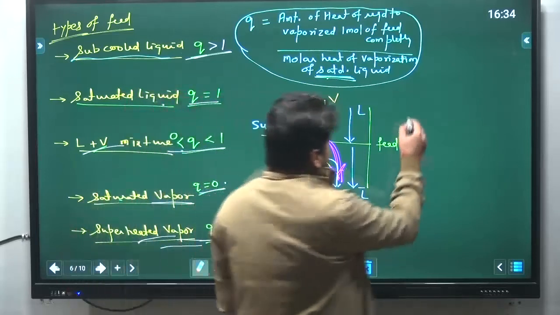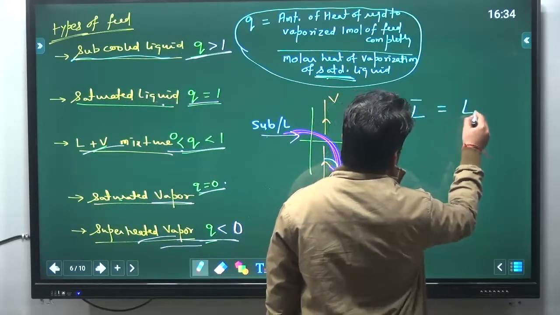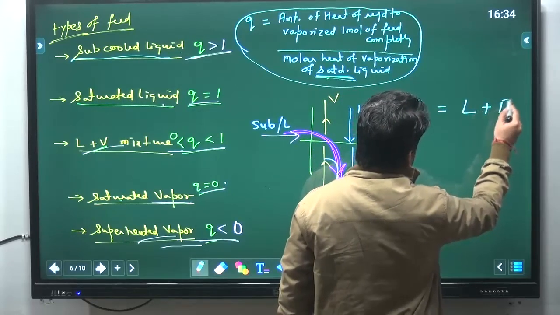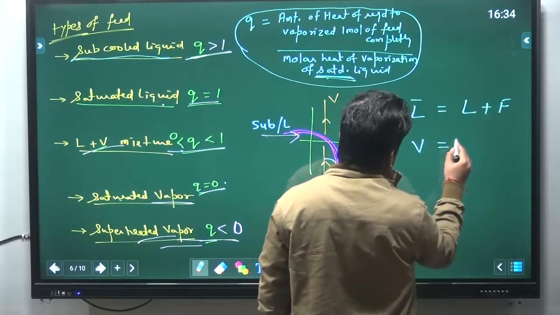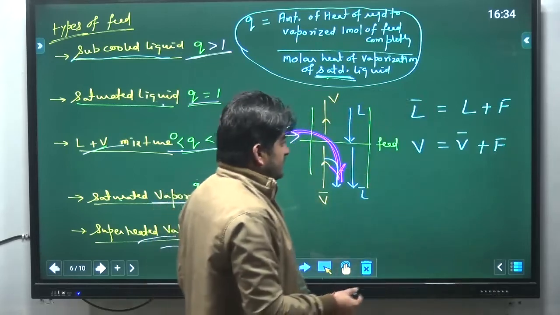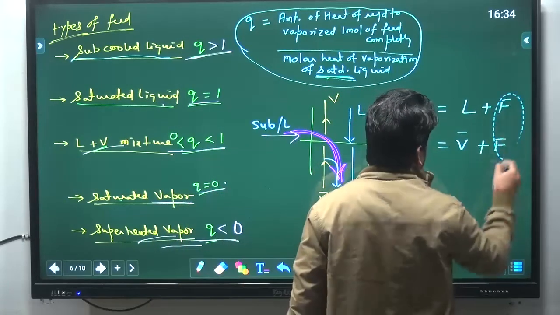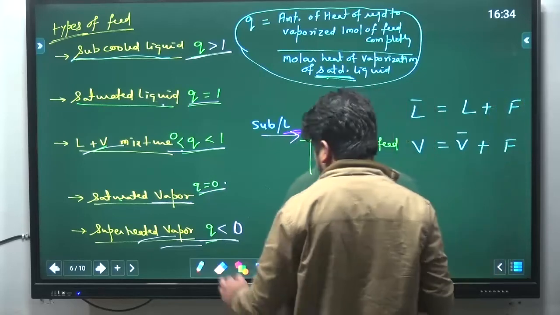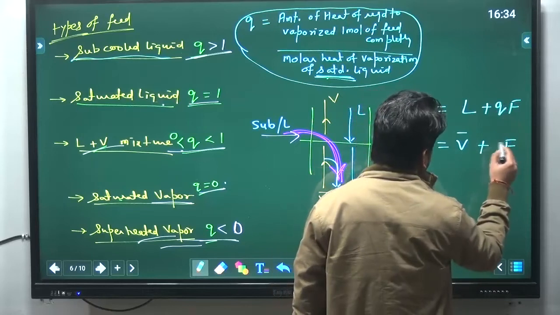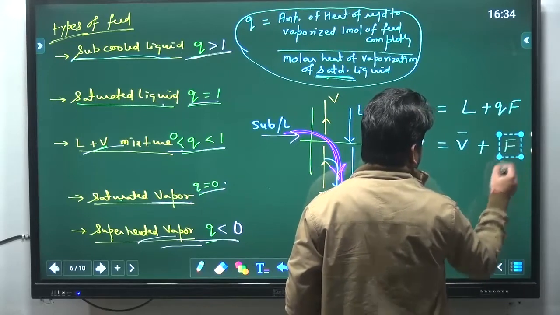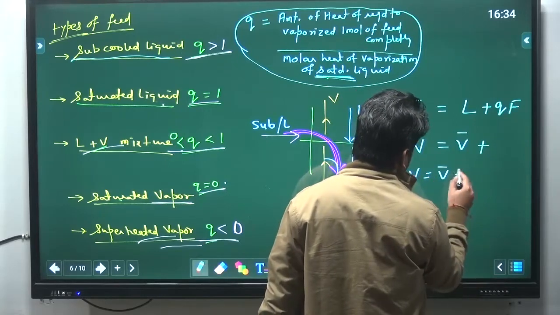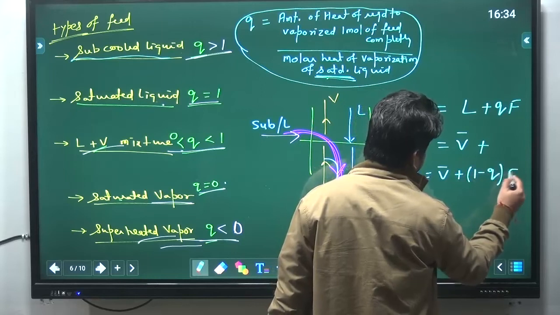Here if you write the material balance, it will be L bar equal to L plus F, and V equal to V bar plus F. Based on that, it will be Q times F. V equal to V bar plus (1 minus Q) times F.